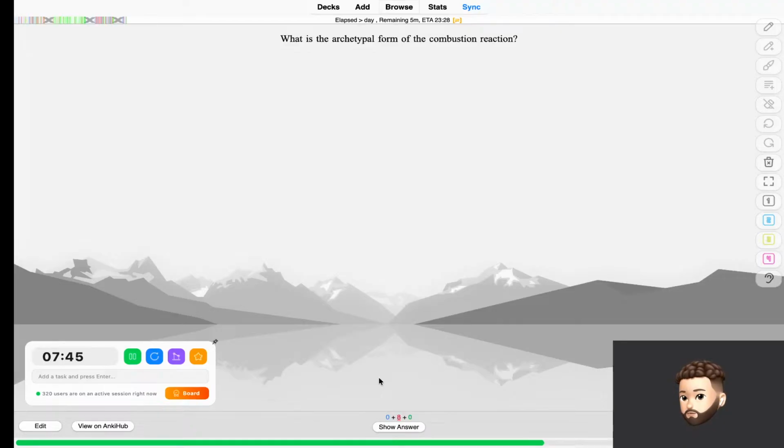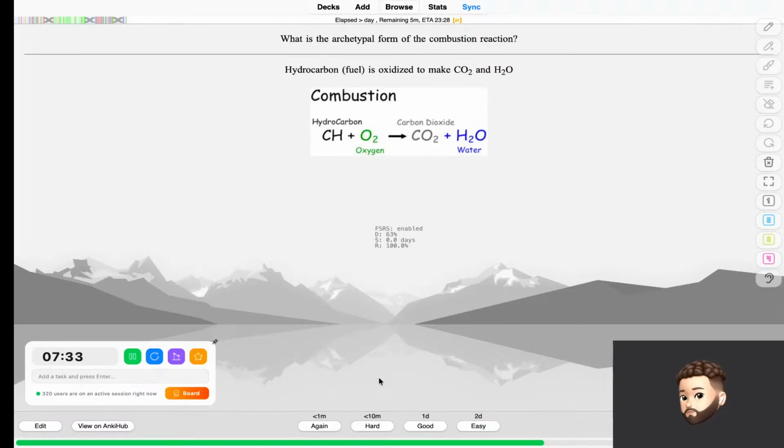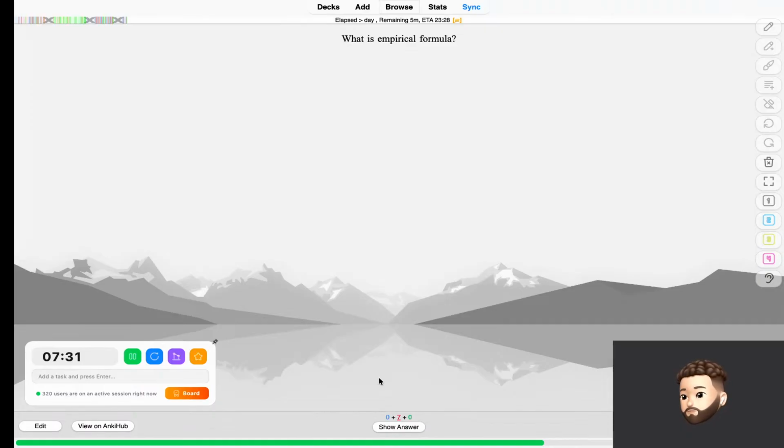What is combustion? This is a hydrocarbon being oxidized, turning into water and carbon dioxide. The simplest whole number ratio of atoms in a compound. 22.4. Equivalents of solute per liter.